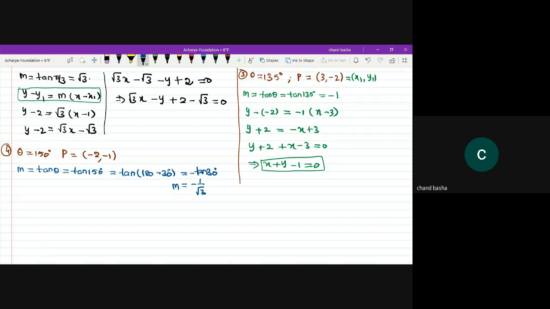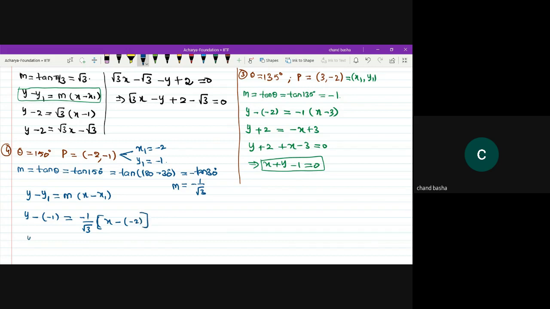And P x1, y1 is given to you, which implies that x1 value is minus 2, y1 value is minus 1. So make use of the equation of the straight line: y minus y1 is equal to m into x minus x1. y minus y1 value, minus 1, is equal to m value, minus 1 by root 3, into x minus x1 value, minus 2.